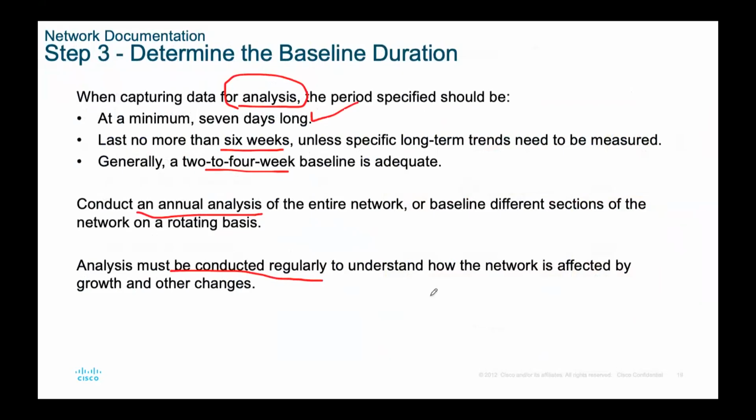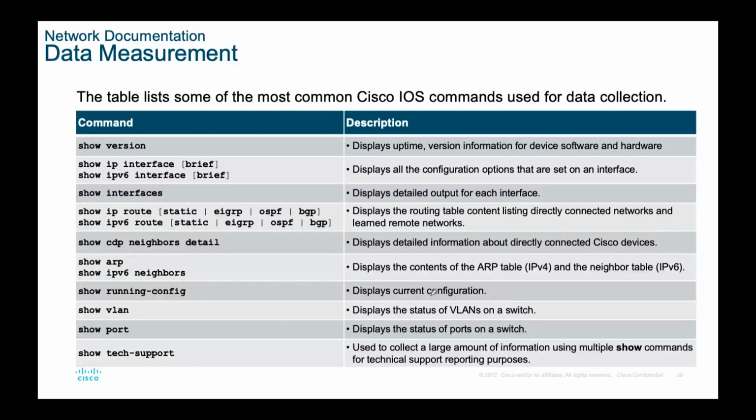Data measurement. The following table lists some of the most common Cisco IOS commands used for data collection. We have show version, show IP, and so on. You can see the keyword is show.